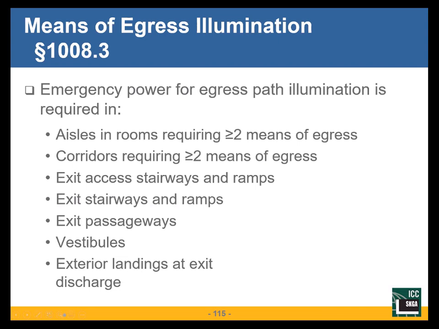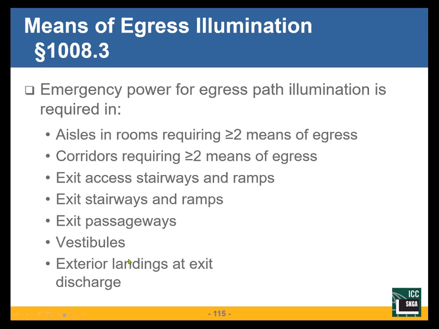Where do I have to provide the egress illumination? Rooms that have 2 means of egress, corridors with 2 means of egress, exit access stairways, and exit stairways. So either of my stairways, my exit access stair and my exit stair, require power for the illumination.